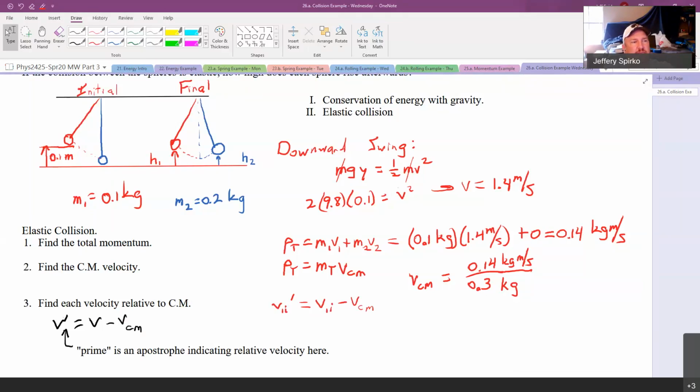And then VCM is equal to the momentum divided by the total mass. So this was 0.467.